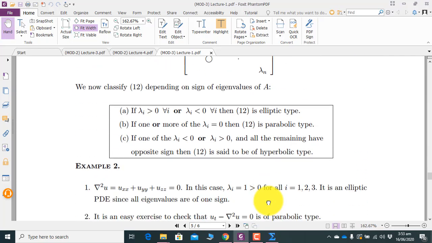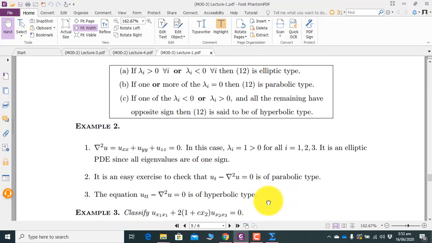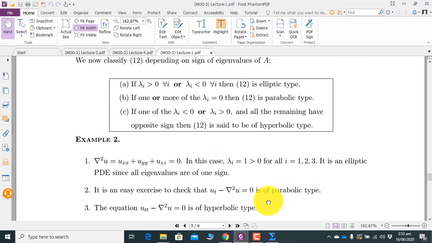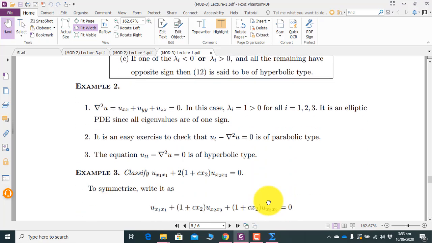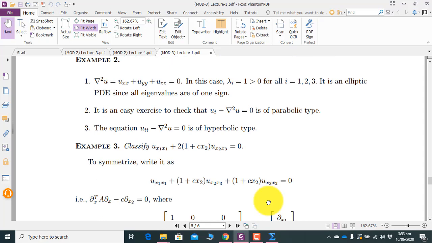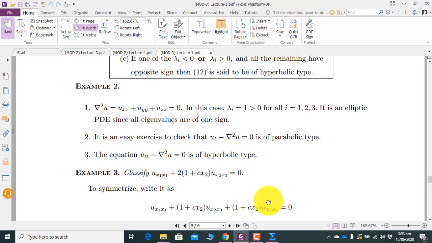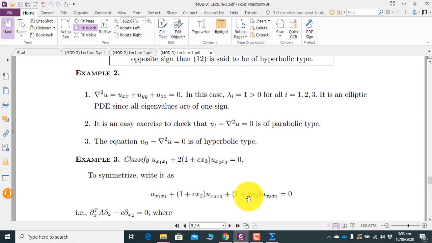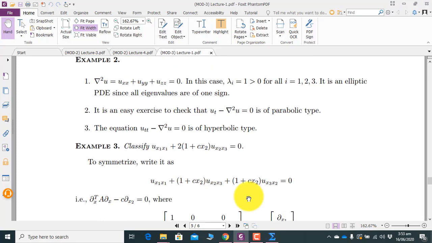So I am not focusing on this, because it is not part of your study for n independent variables. There are examples related to this part, but you are not supposed to do that.